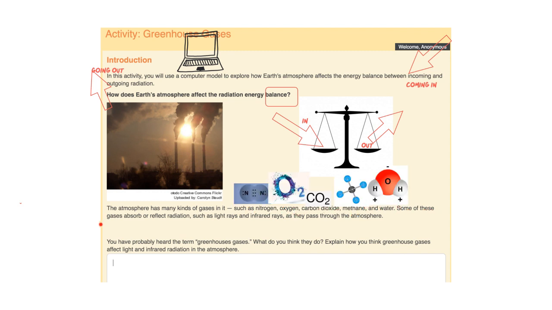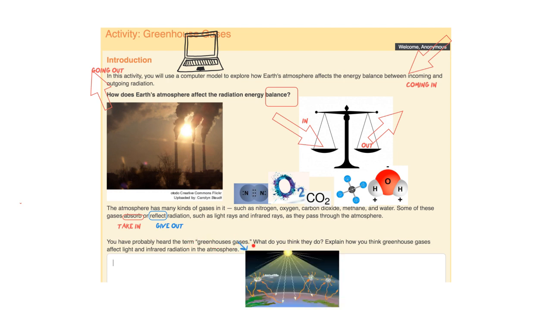Some of these gases absorb or reflect radiation, such as light rays and infrared rays, as they pass through the atmosphere. You have probably heard the term greenhouse gases. What do you think they do? Explain how you think greenhouse gases affect light and infrared radiation in the atmosphere.